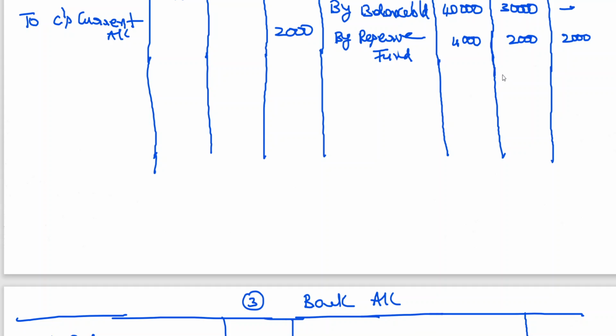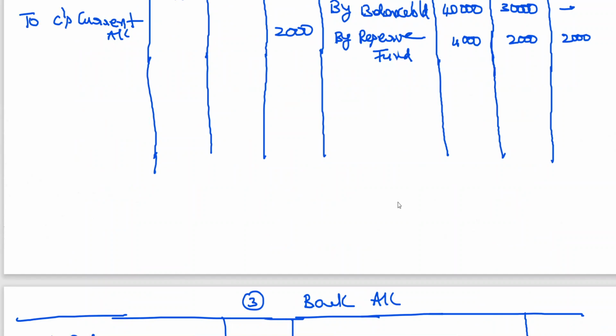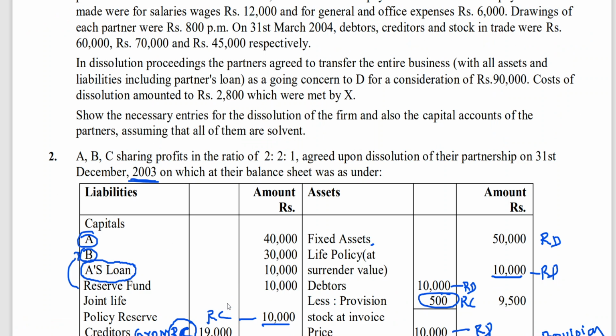It is coming to 10,000, sorry, not 8,000. So the reserve fund also has been transferred.